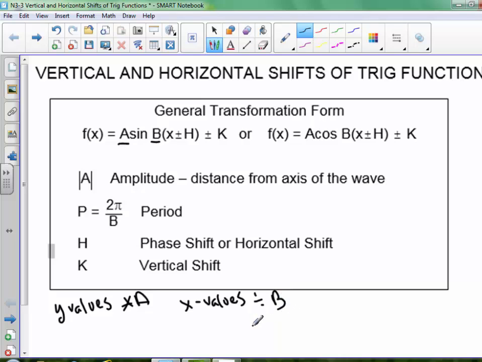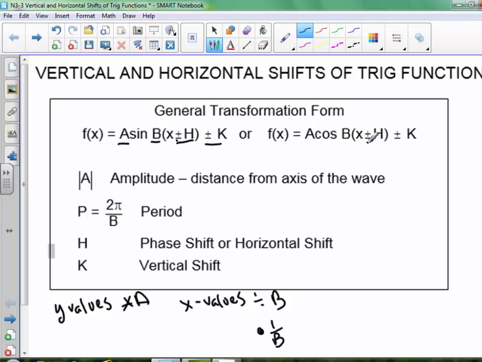Okay? We also said if you didn't like to do division by B, you could also multiply by the reciprocal of B.